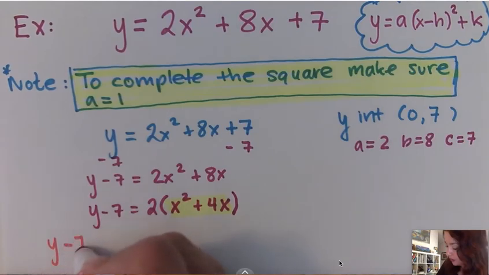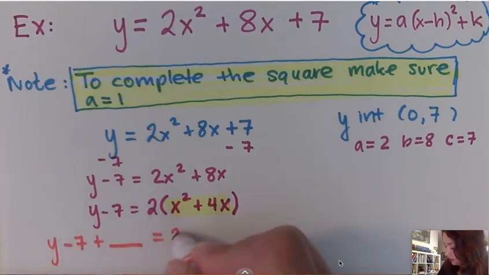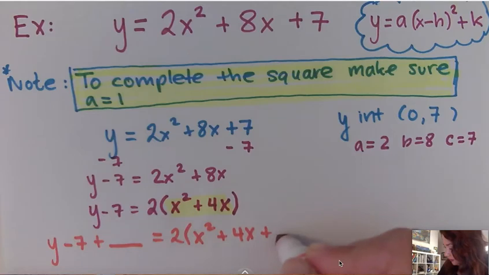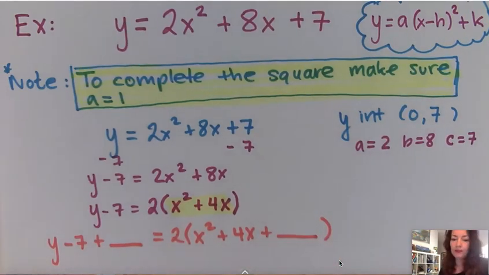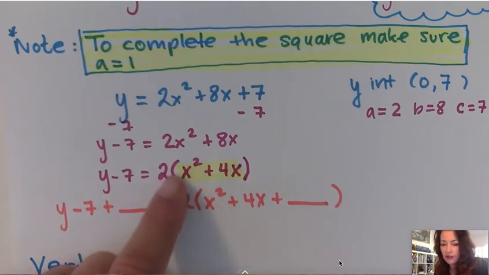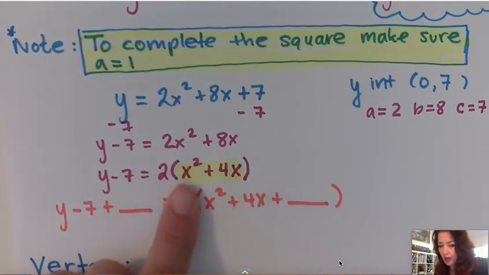So we will be adding a number here on the left, and we will be adding a number inside here on the right. Okay, so our next step is to complete the square, and we have factored out the 2. So I'm going to only look at my binomial inside the parentheses.